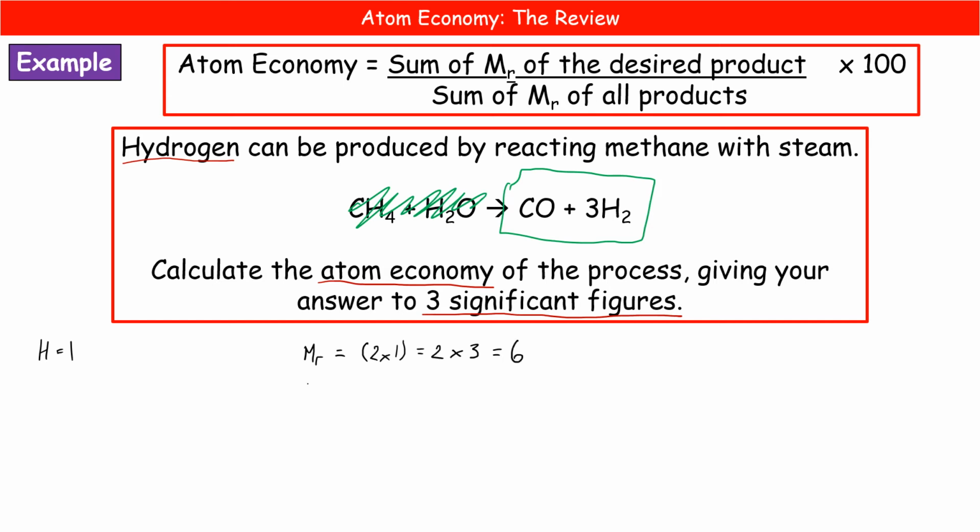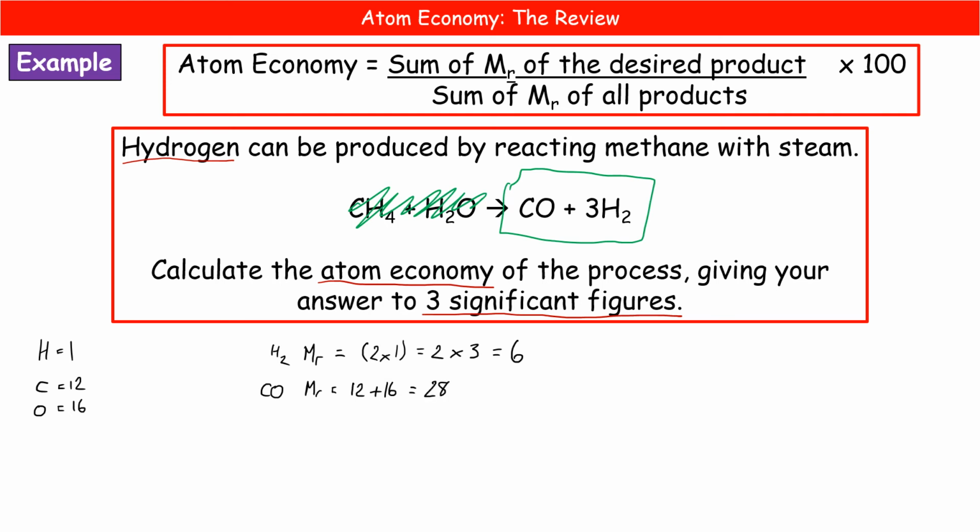We then need to work out the Mr of our other product, carbon monoxide. Carbon is a mass of 12 and oxygen is 16. Remember, you've got a periodic table in the exam, so just look it up on there. So 1 carbon is 12, 1 oxygen plus 16, that gives us 28.